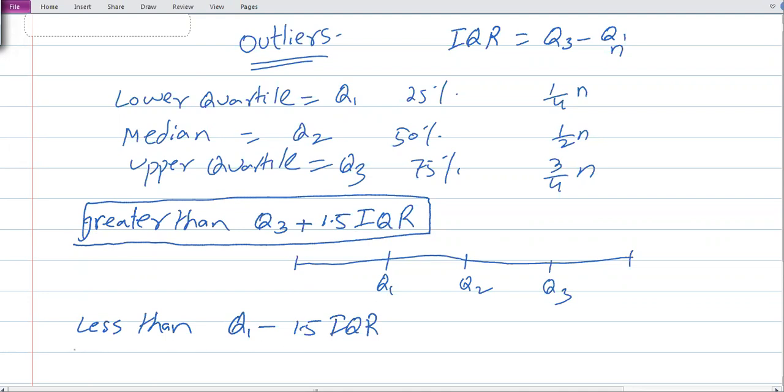Then we will say it's an outlier. So our data may have an outlier greater than Q3 plus 1.5 times the interquartile range, then we will say it's an outlier. Or it may be less than Q1 minus 1.5 times the interquartile range. These two things you have to remember.